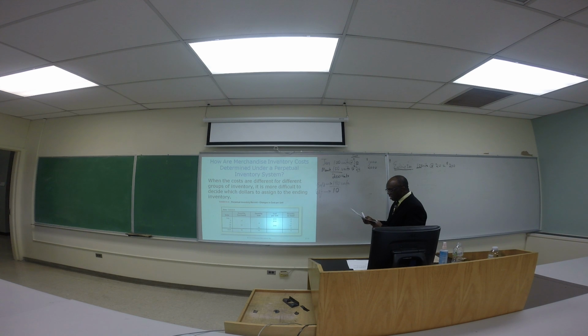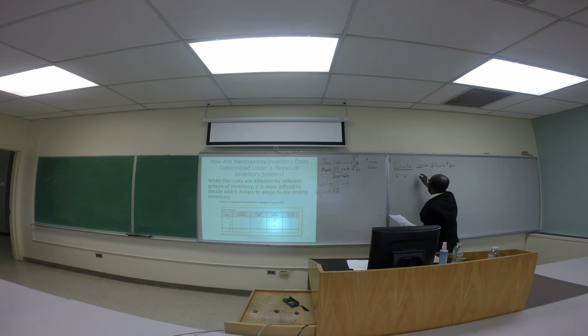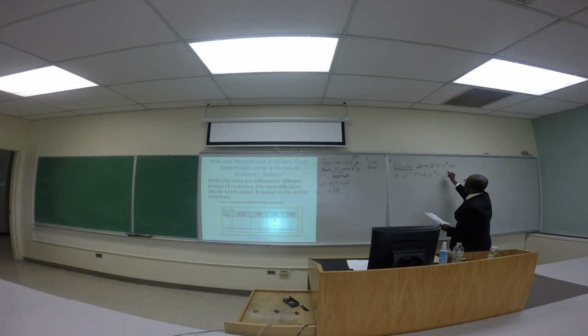So now, let's assume that we sold the 100 units that we bought in March first, and the 10 units left came from the January batch. In such circumstance, the cost of the 10 units left would be $10 a piece.